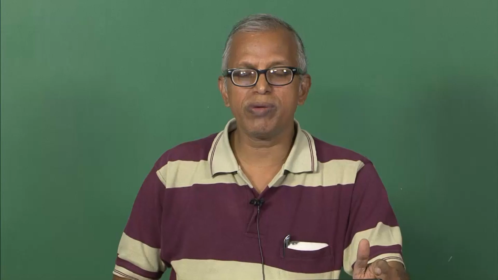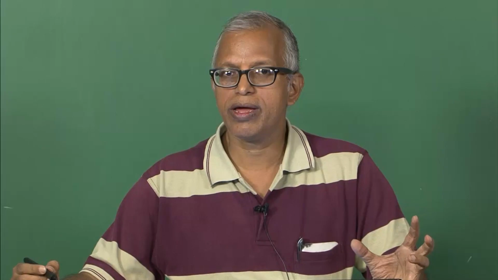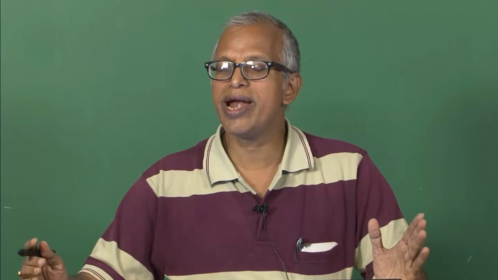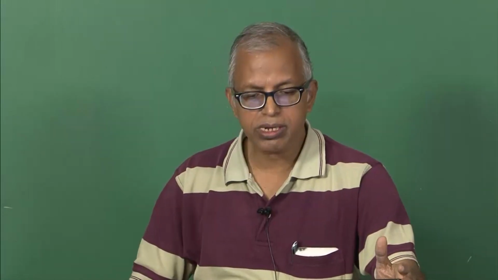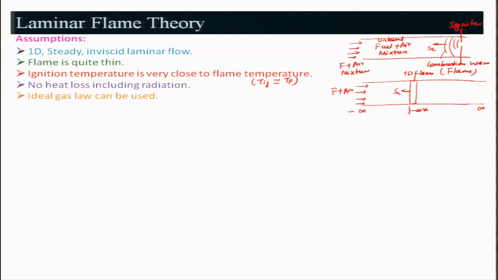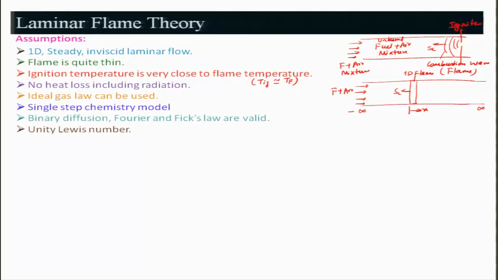So, in the last lecture we initiated a discussion on how to derive a relationship for burning velocity by considering a one dimensional laminar steady flame, and we made the assumptions, which I will repeat: one dimensional steady inviscid laminar flow, the flame is quite thin, no heat loss including radiation, the ideal gas law can be used, a single step chemistry model, unity Lewis number and constant properties.